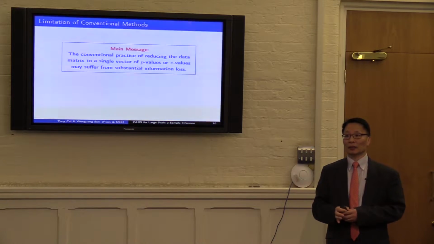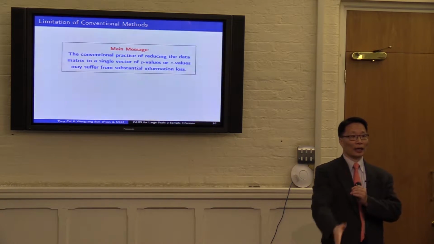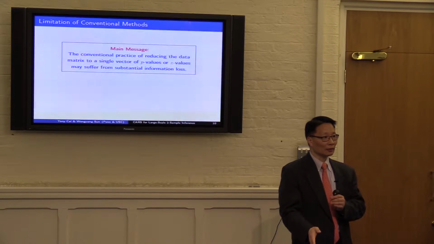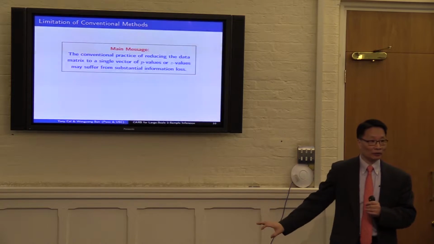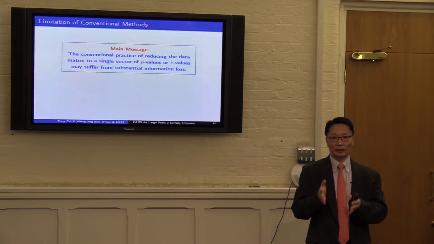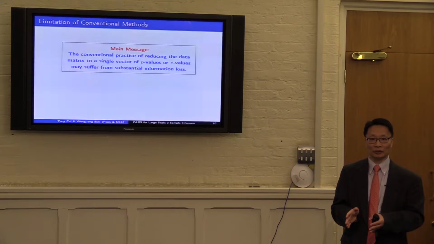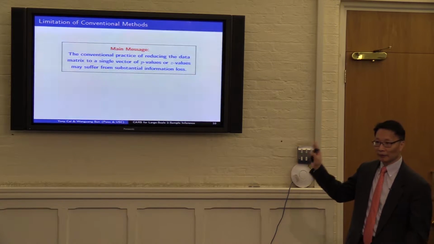In other words, once you summarize the data into one column of test statistic, whether it's p-value or z-value, it doesn't matter what you do afterwards. You have already lost too much information. So we are going to start from the beginning.